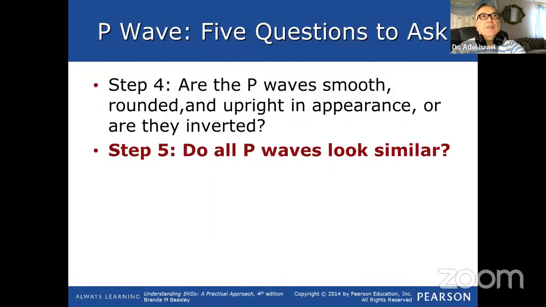Then, like we mentioned, it is smooth, and all P waves should look similar, because if they have no similarity, we will get more than one source of electricity within the heart. We call it ectopic focus. So we will find this when we practice.